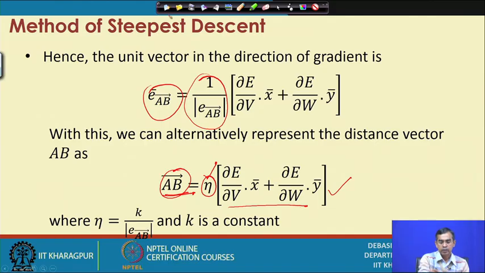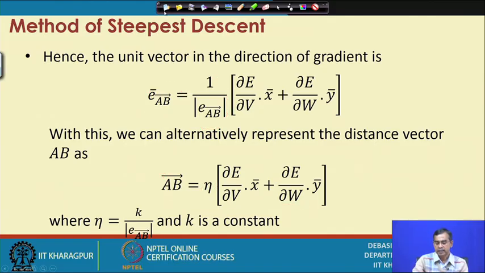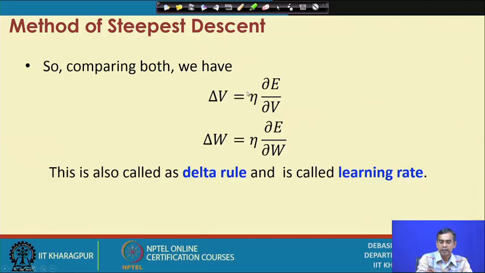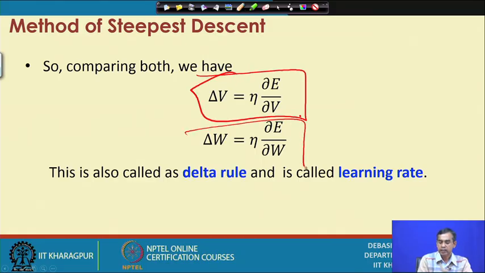Now, having this representation, and considering AB that we discussed in the previous vector representation and comparing this one, we can readily write this calculation as del V equals this one and del W equals this one. Now, this is a very important observation or formulation, particularly this rule that we have just obtained.